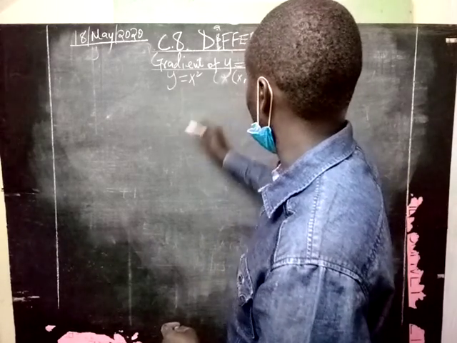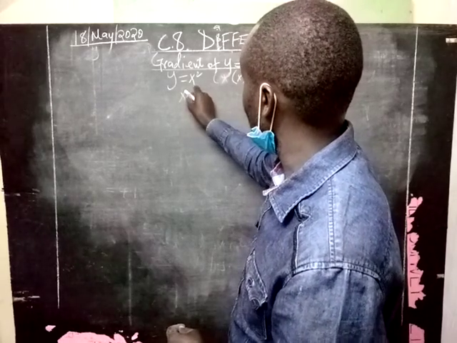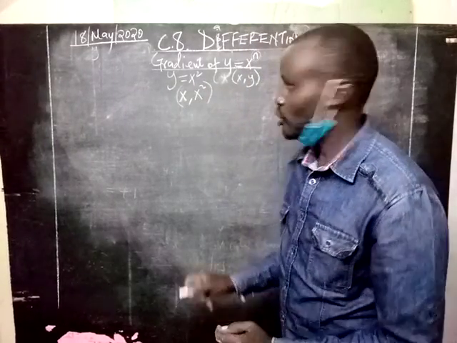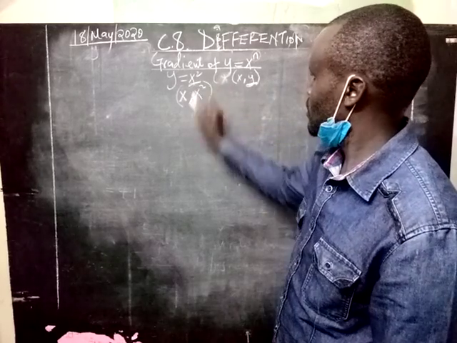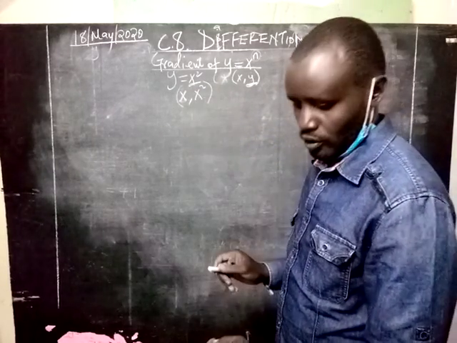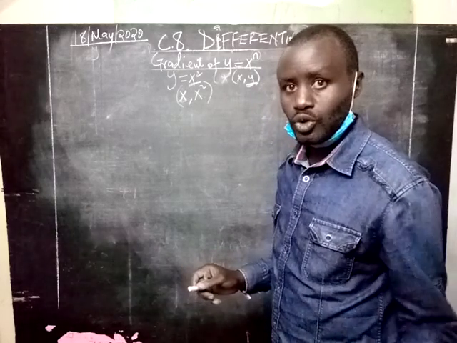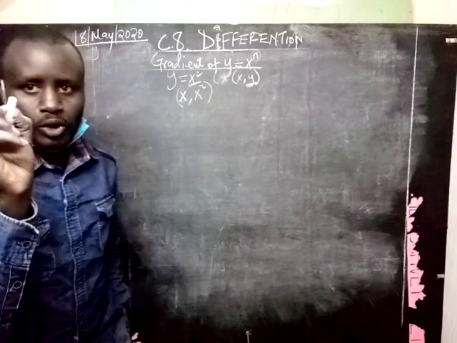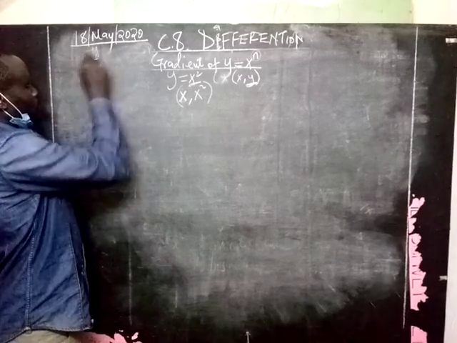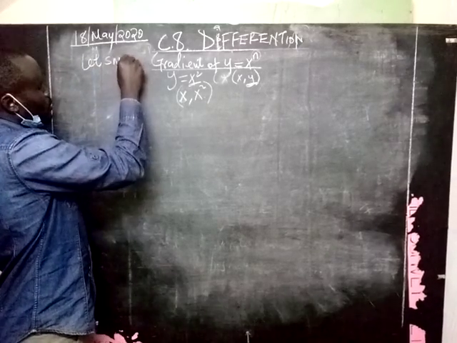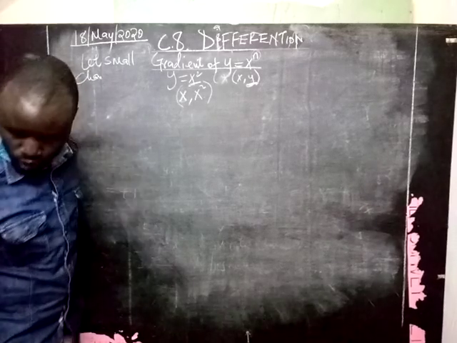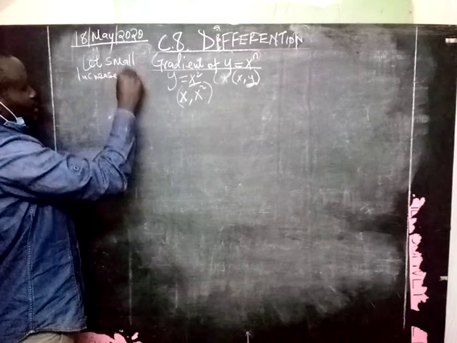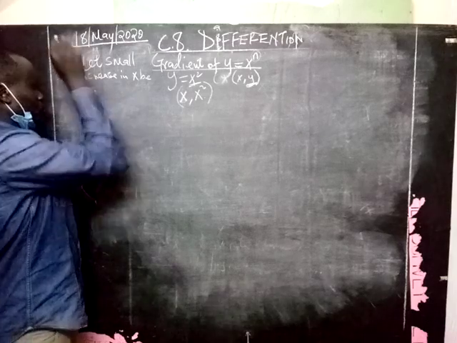And for this case, in general points, we can have our coordinates as (x, x raised to 2). I'm very sure you are aware this y is the same as this. That is why we are putting it this way, because we want to use only x. So we are going to bring a small change, and we are going to let the small increase in x be h.